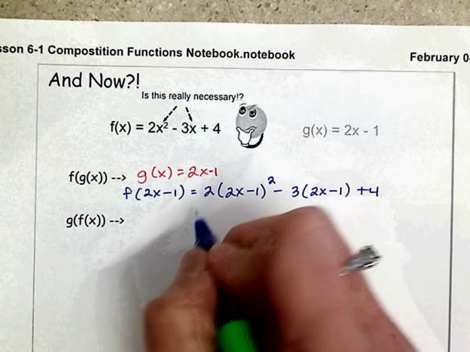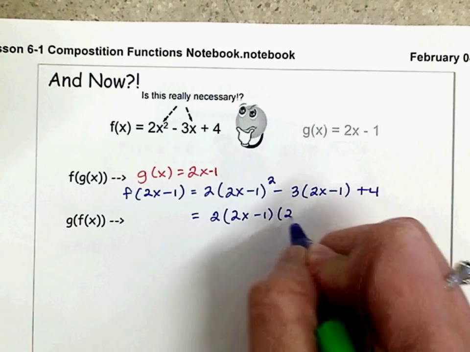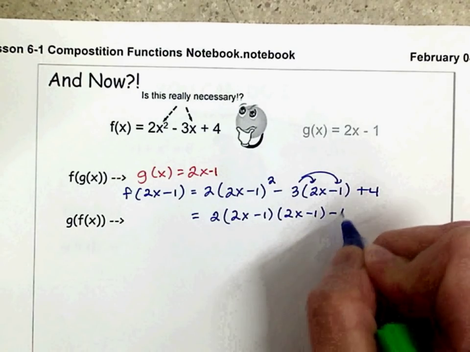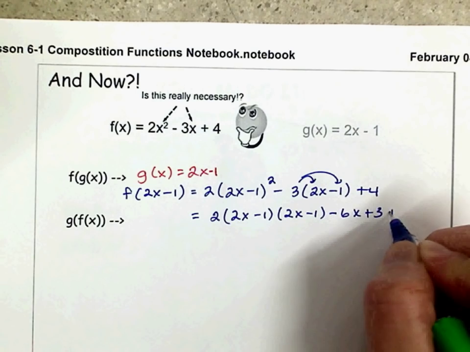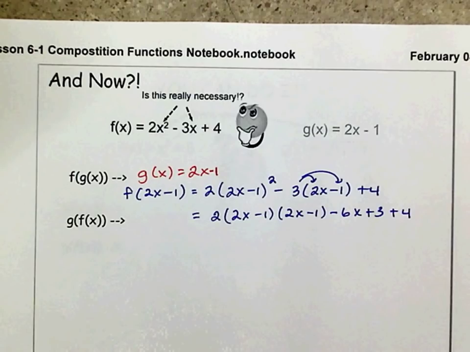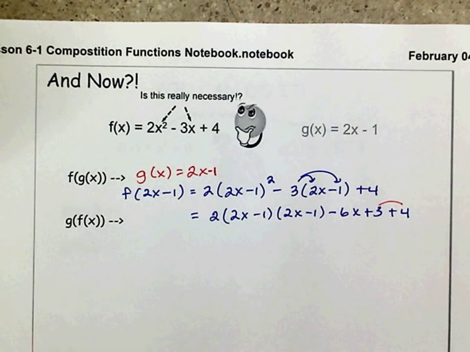2, that square means you have 2x minus 1 twice. I'm going to go ahead and distribute that, minus 6x plus 3 plus 4, okay? You could go ahead and combine your like terms if you want to, or you can wait till later. Up to you. All right, keep going. 2.